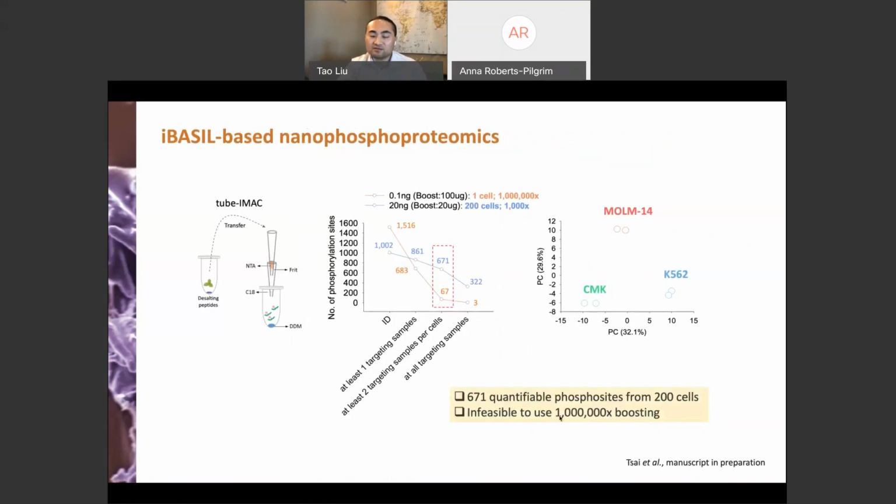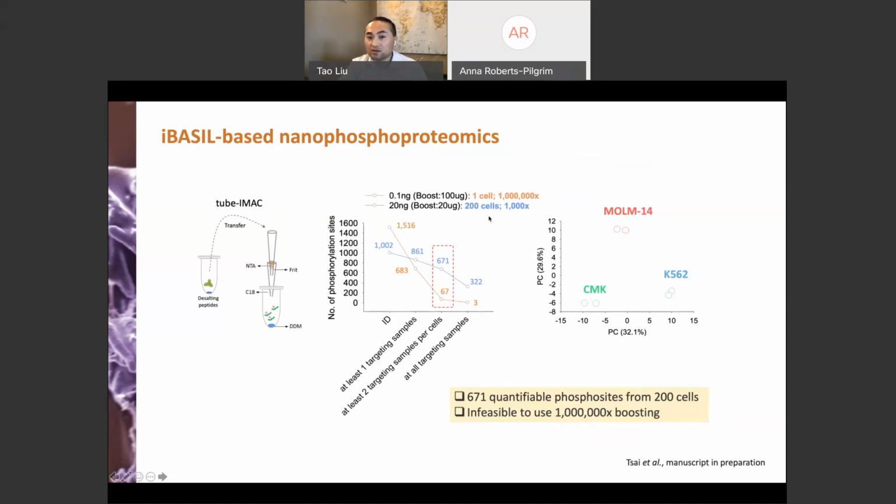So here, just a quick thought. Some people say, why not go straight ahead, boosting to 1,000,000-fold, and see whether we can analyze the phospho content in a single cell? That's what I'm showing you here. The simple answer is you can't, because you can't get enough identifications from such a setting, even with the iBasal approach.